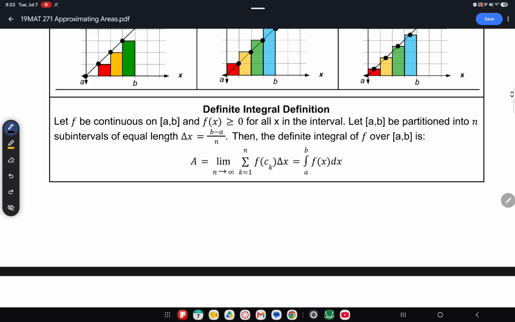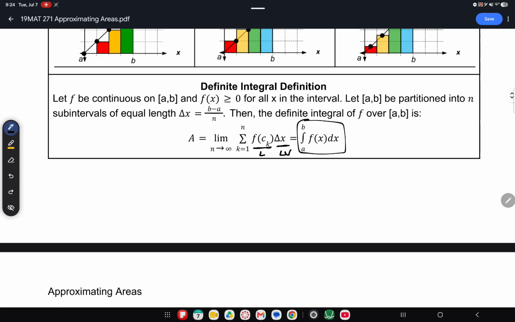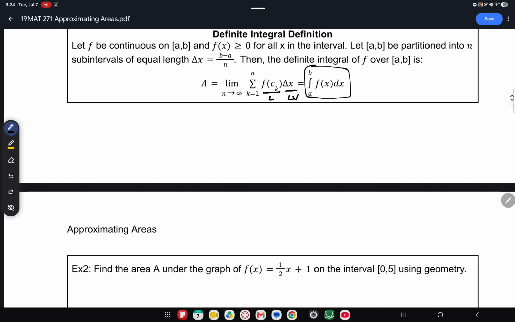Then the definite integral of f over a to b, so the area, would be equal to the limit as the number of rectangles goes to infinity of the sum of all the rectangles, with the function value, which is the length, and then the change in x, which is the width, and that is all equal to this definite integral here, the integral from a to b of f of x dx. All right. So for right now, we are summing all of the rectangles.